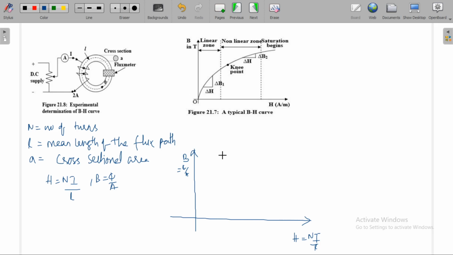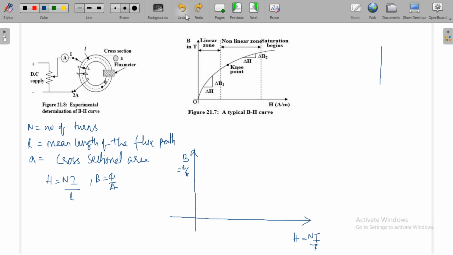This BH curve operates in three regions: linear region, non-linear region, and saturation region. In case of air, it is linear, but in case of magnetic material, the relationship between B and H is not like this.